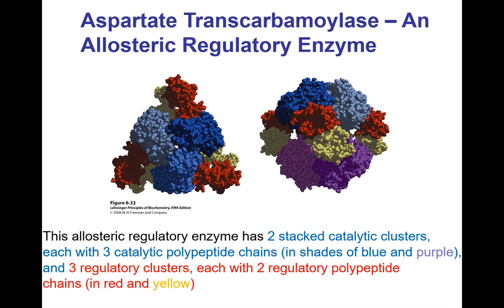So it just gives you an idea of how, to achieve the optimum amount of catalysis in our metabolic pathways, enzymes utilize structures, and sometimes very, very complex structures like this. Cool, right?